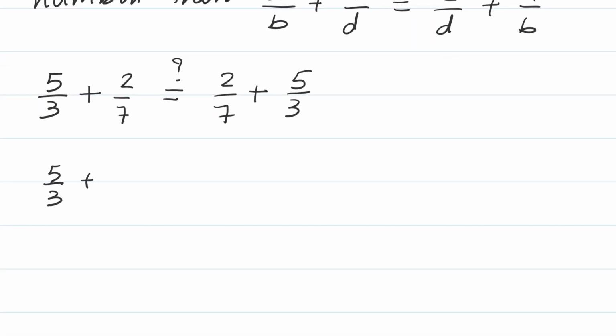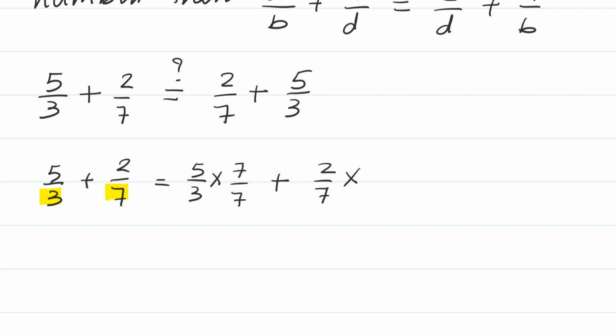5 by 3 plus 2 by 7. So to add rational numbers, bases must be equal. LCM of 3 and 7 is 21. So change base of 5 by 3 and 2 by 7 to 21. Multiply and divide 5 by 3 by 7.